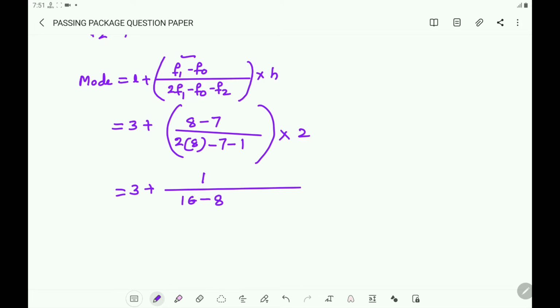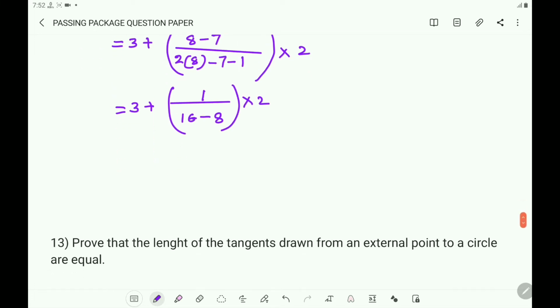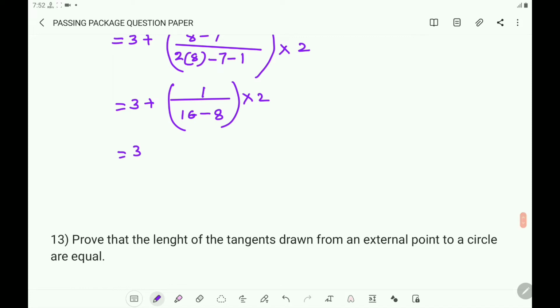If you add 7 and 1 you get 8, but both have negative signs, so it becomes minus 8, into 2. Then that equals 3 plus 1, 16 minus 8 is 8, into 2. 2 ones are 2, 2 fours are 8, so you will get 3 plus 1 by 4.